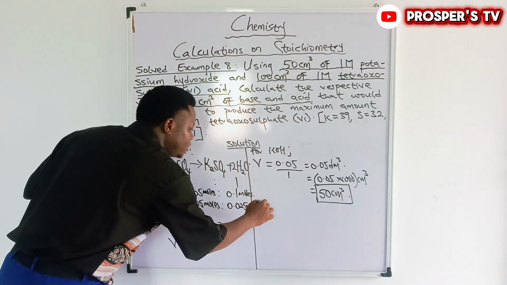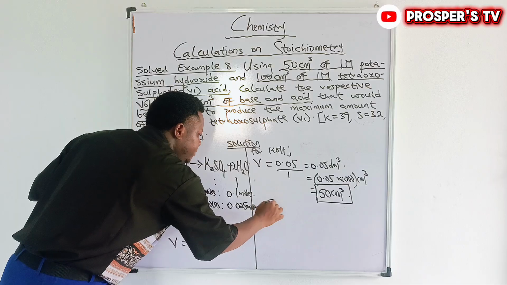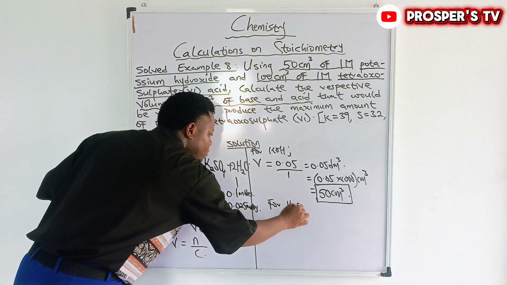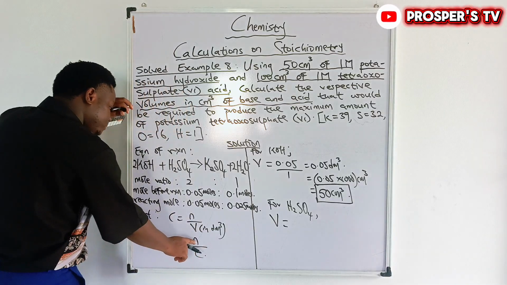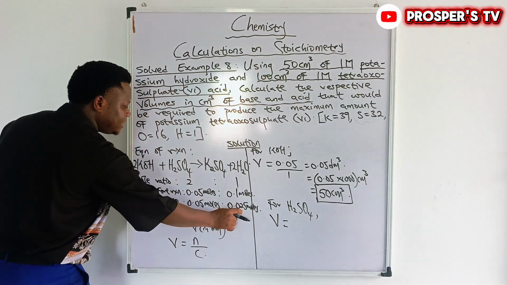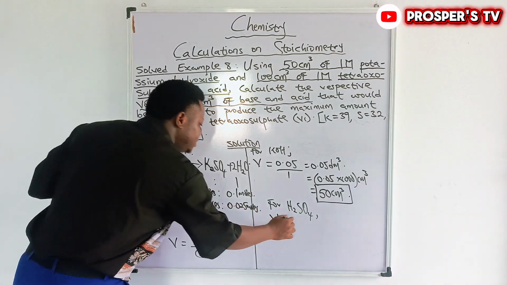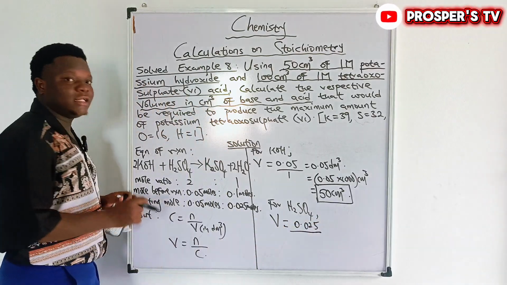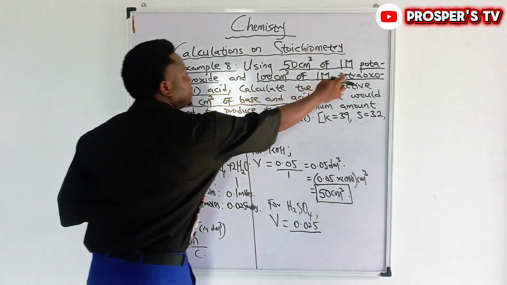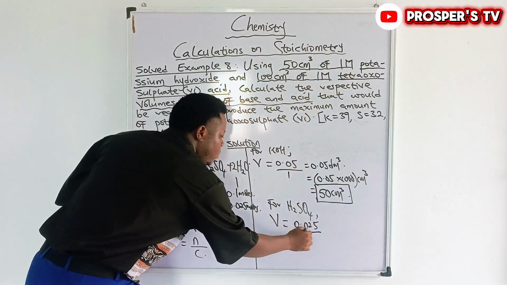You do the same thing for your H2SO4. So for H2SO4, the volume I would need would be equal to the mole. I've discovered that this is the mole that I would need. So we'll say 0.025. Then you divide it with your what now? Your concentration. The concentration of the acid is also 1.